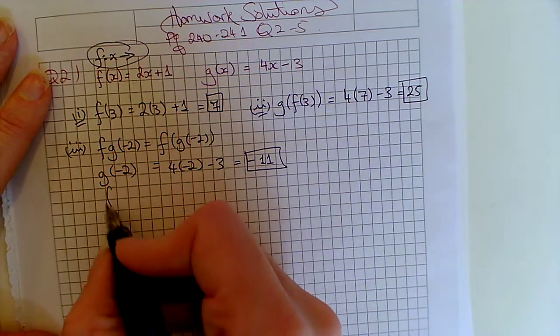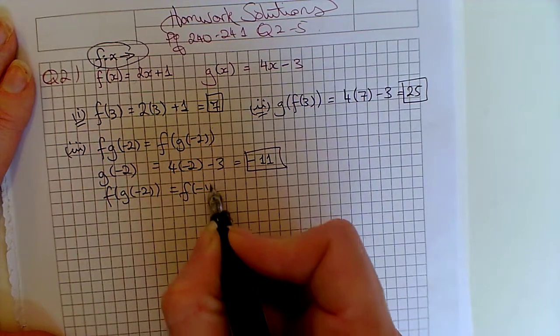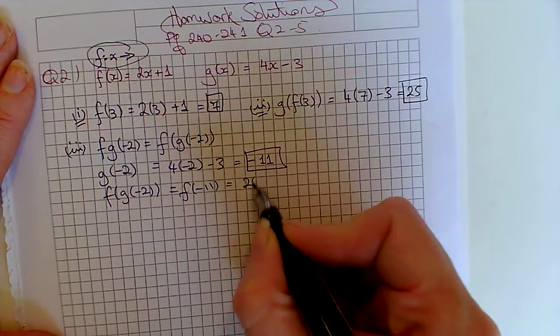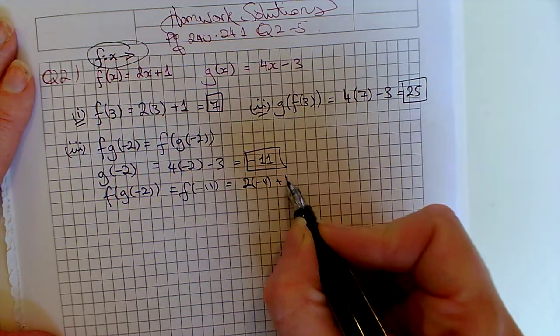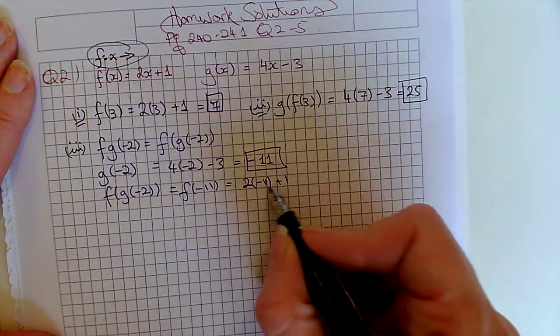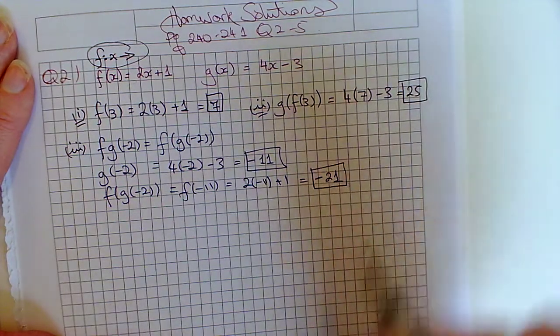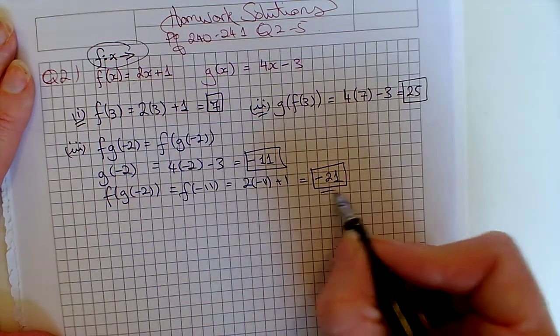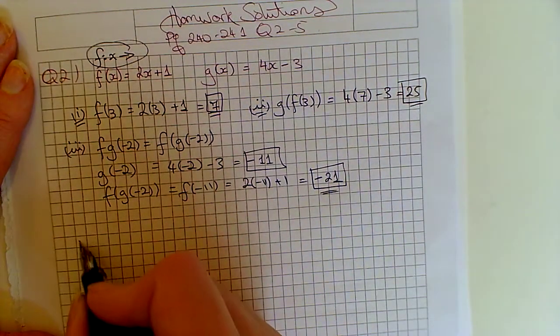And then f of g of minus 2 is f of minus 11. So that's 2 times minus 11 plus 1, which is minus 22 plus 1, which is minus 21. There's our answer there. So those are the answers so far. That's just a midway step.